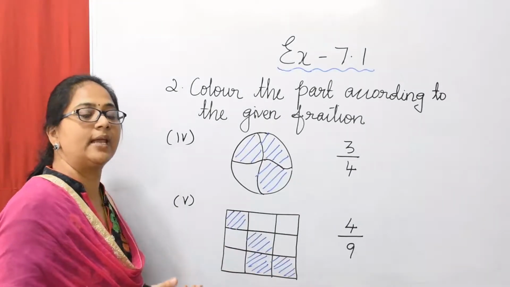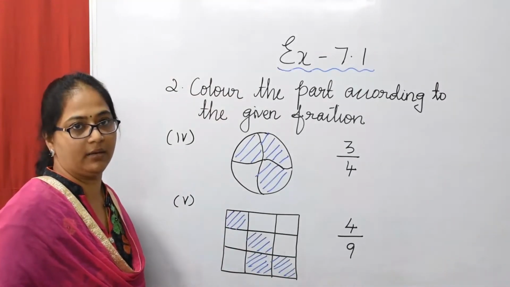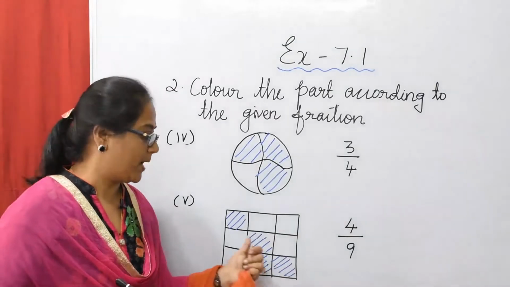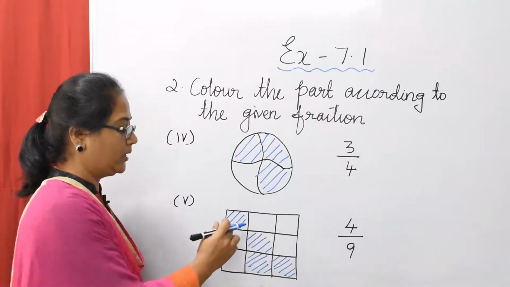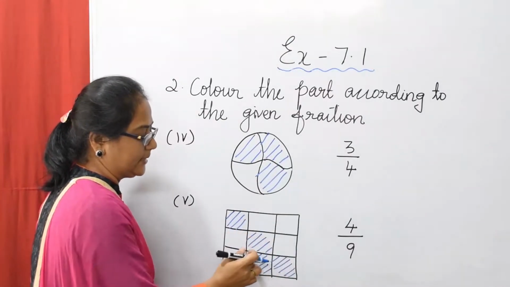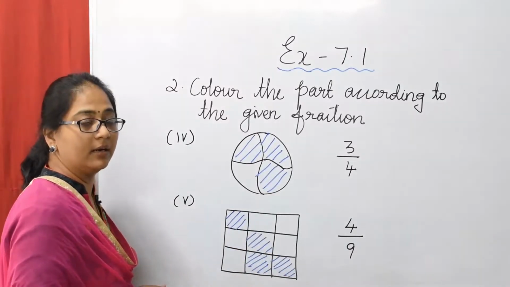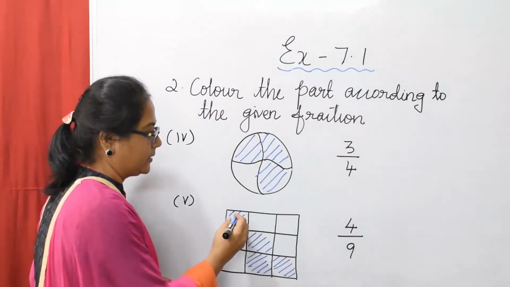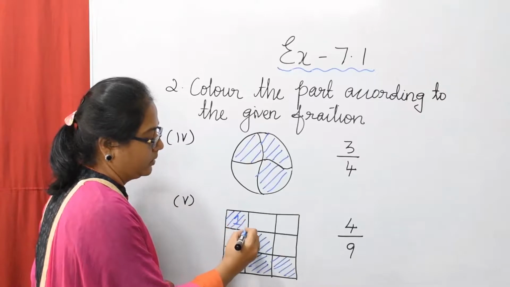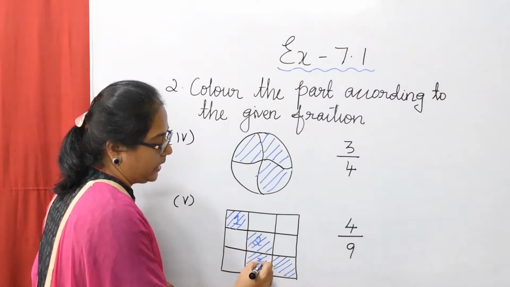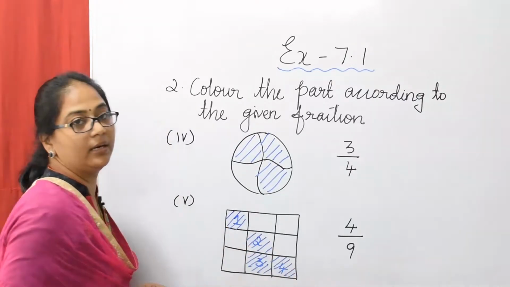So there are 9 parts here, and 1, 2, 3, 4 shaded parts.